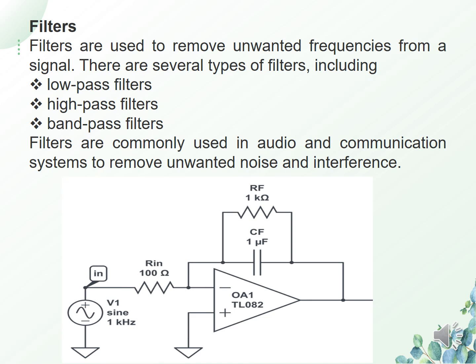And the high pass filters are the filters which pass only the high frequencies, and they attenuate the low frequencies. Band pass filters are used to pass only a specified band of frequencies. And these filters are commonly used in audio and communication systems to remove the unwanted frequencies.